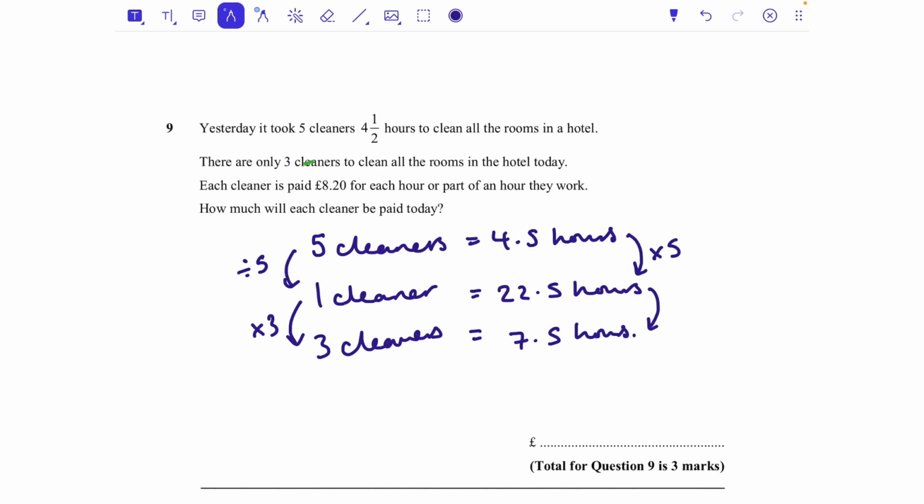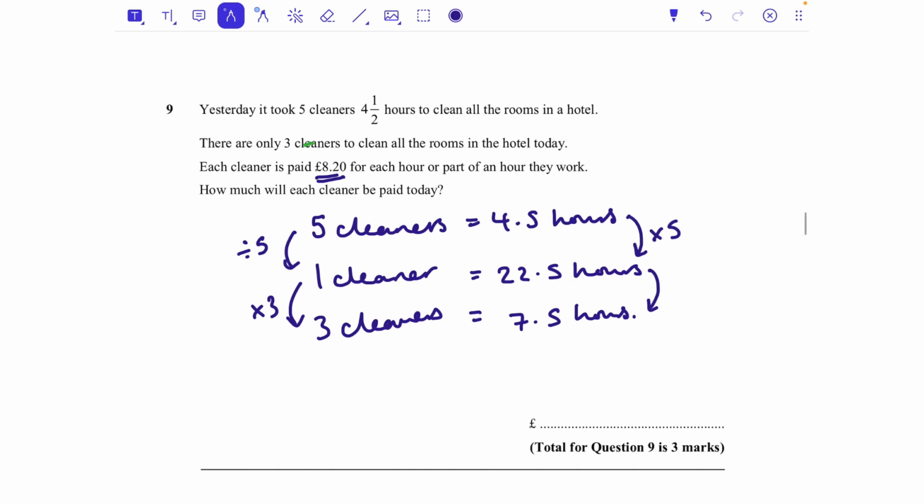How much will each cleaner be paid today? Okay, so then we need to take the number of hours that they work and multiply it by that hourly rate. But it says they get £8.20 even if they only work part of the hour. So they're going to get 8 hours worth of pay. So it's going to be 8 hours multiplied by £8.20, and 8 times £8.20 is going to be £65.60.